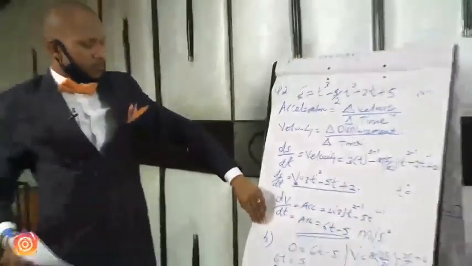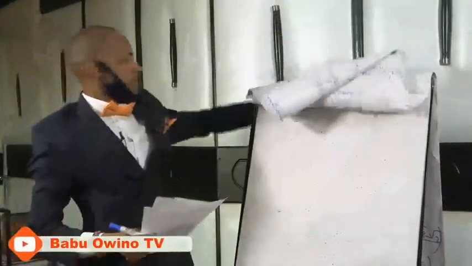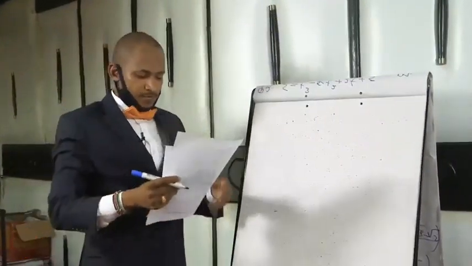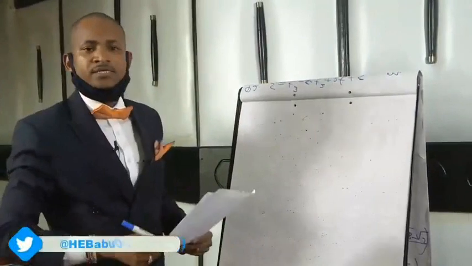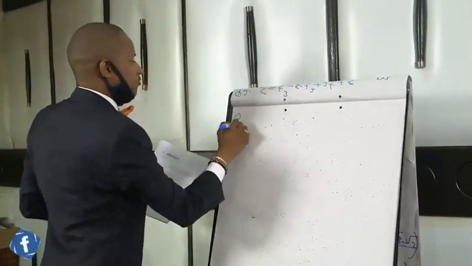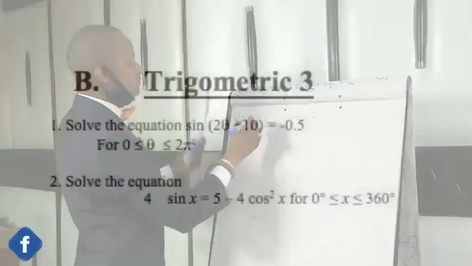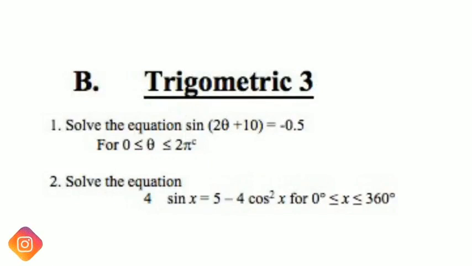So we are done with the questions on differentiation. Our next question is on trigonometry. Question number 3: we are told to solve the equation sine of (2 theta plus 10) equals negative 0.5.